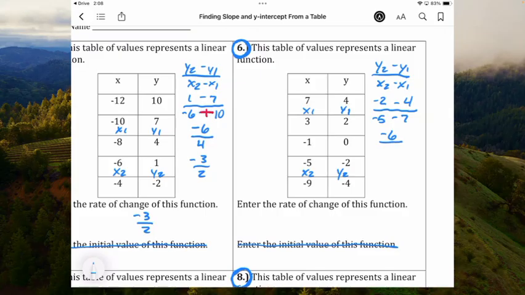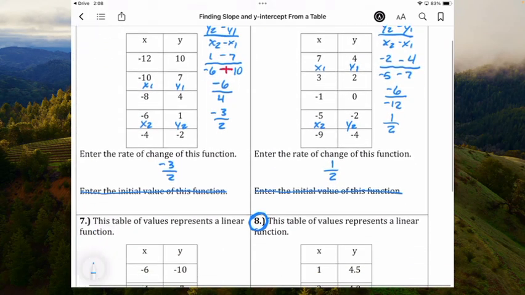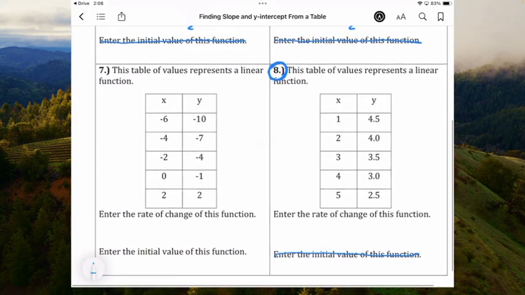Negative 6 over negative 12. Those two negatives are going to make a positive when we do the division, and simplified, that makes positive 1/2. Okay. On to 7. We do have an initial value here, so we will do the initial value and the equation.